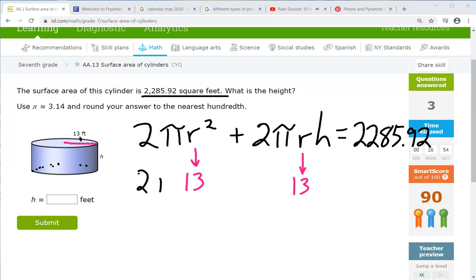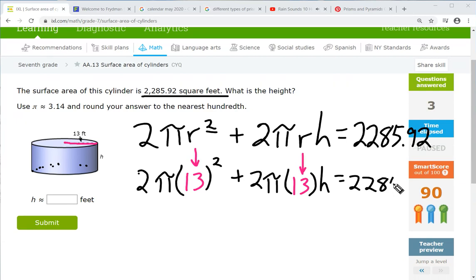So we have 2 times pi times 13 squared, don't forget that exponent is there, plus 2 times pi times 13 times h equals 2,285.92. All right, so now we have 13 squared, which is 169. 13 times 13 is 169. Times 2 times pi.